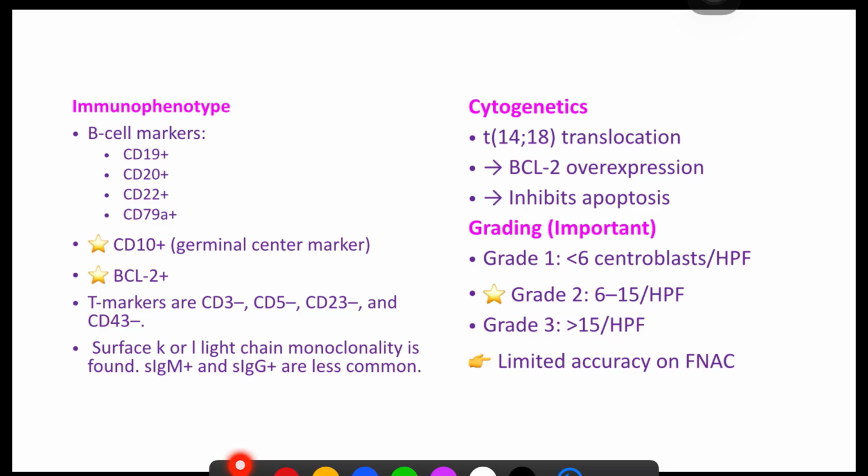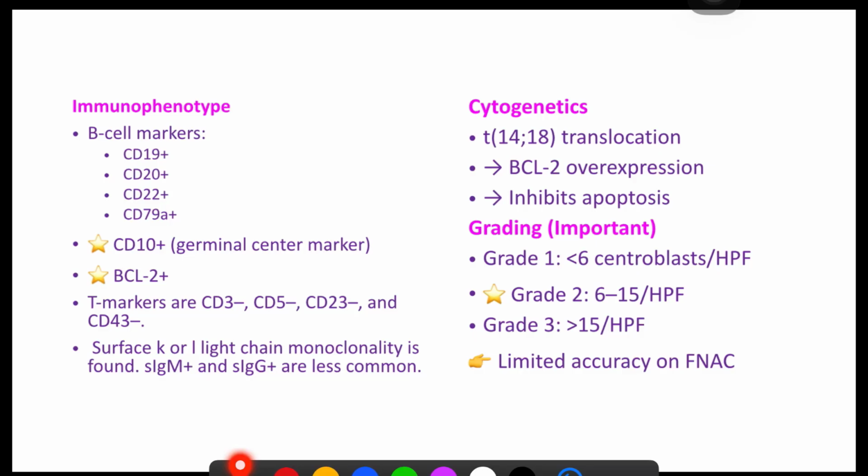Surface kappa or lambda light chain monoclonality is found, so either kappa or lambda, any one is found, and surface immunoglobulin M and G are less common. Cytogenetically, t(14;18) translocation with BCL2 overexpression is present, suggestive of inhibition of apoptosis.